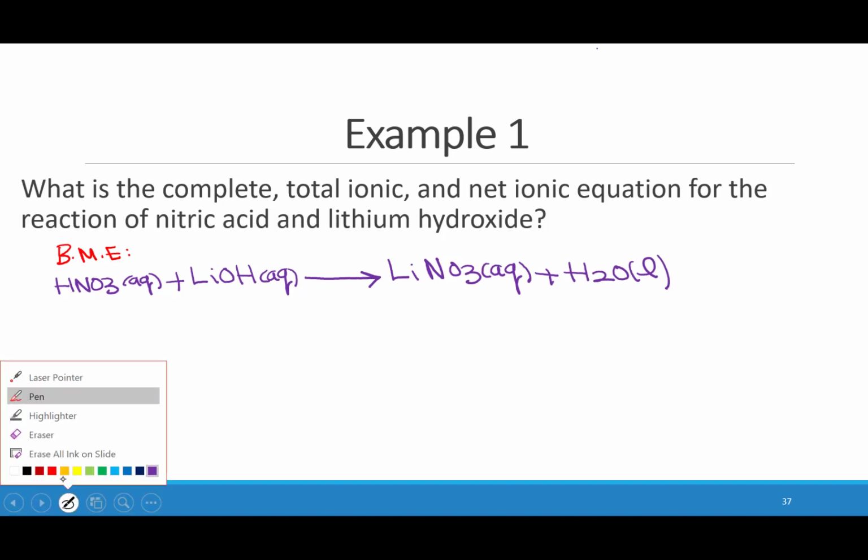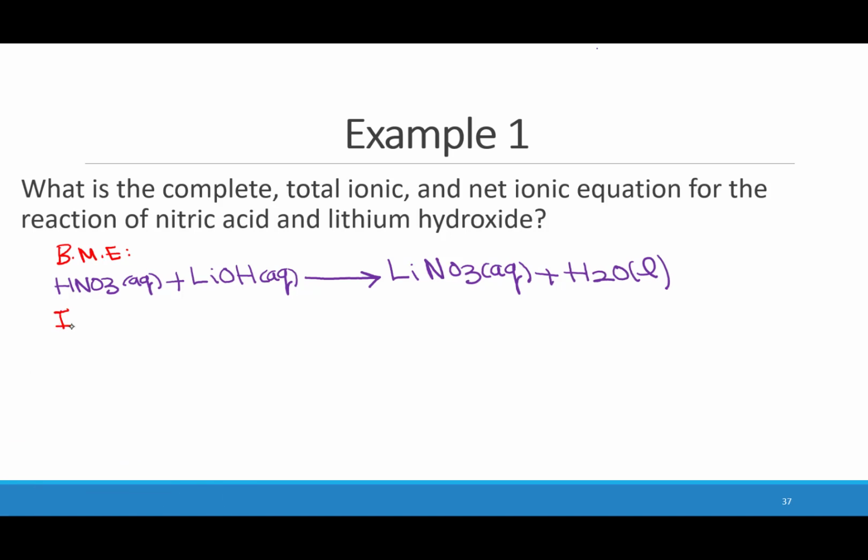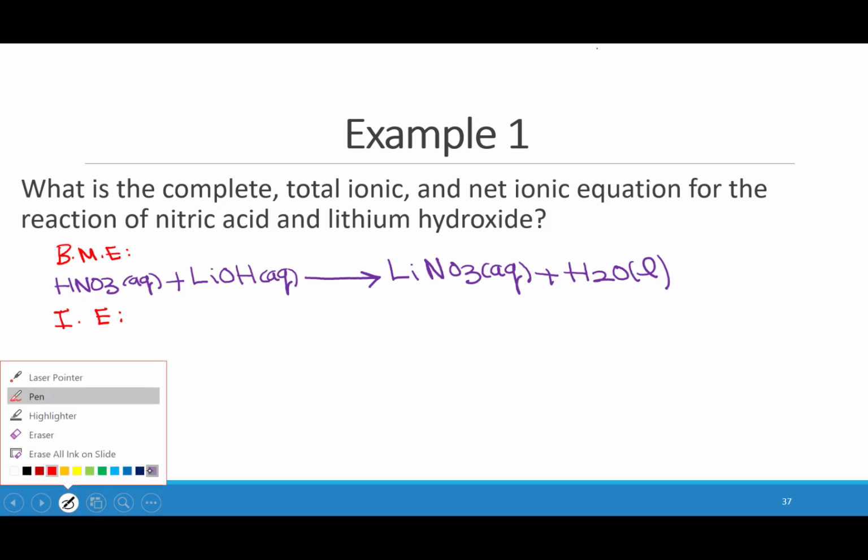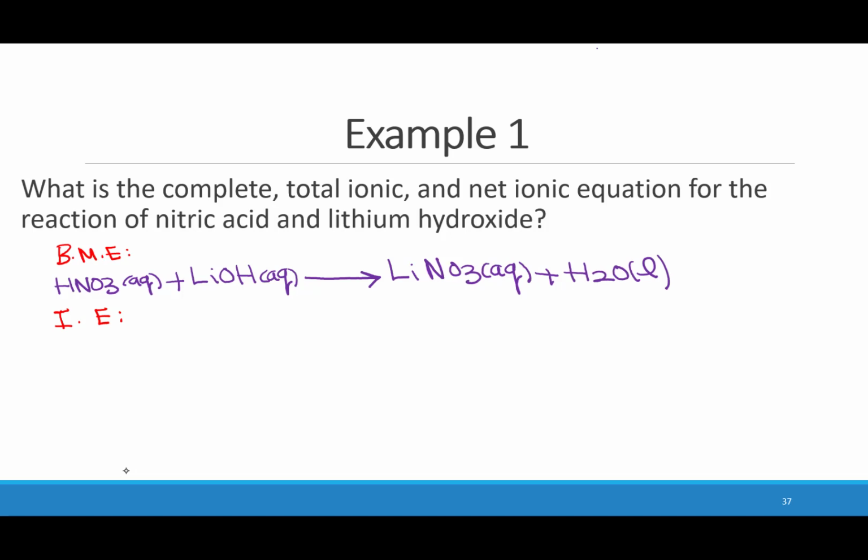Next, we want to write our ionic equation. Let me choose a different color. Nitric acid is a strong acid. That means it will undergo 100% ionization, or it will separate. Remember, instead of hydrogen ion, we have to add hydronium ion.